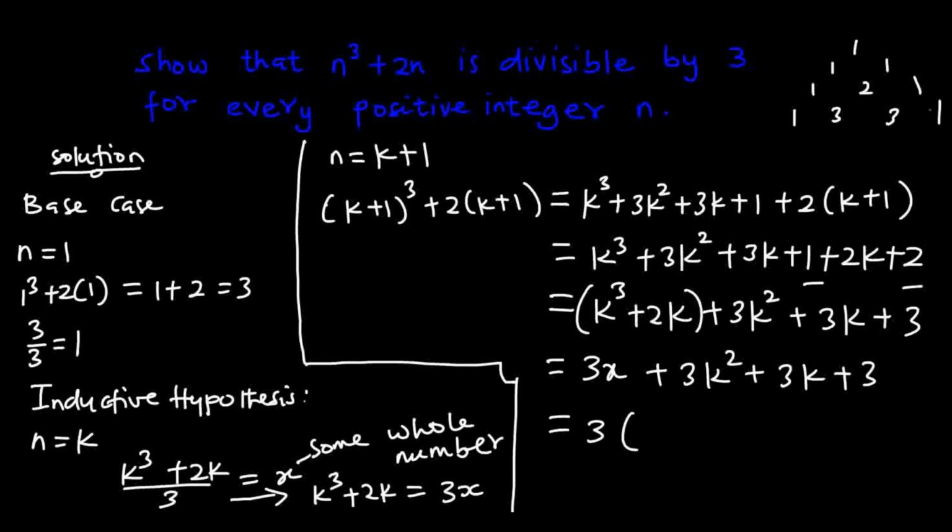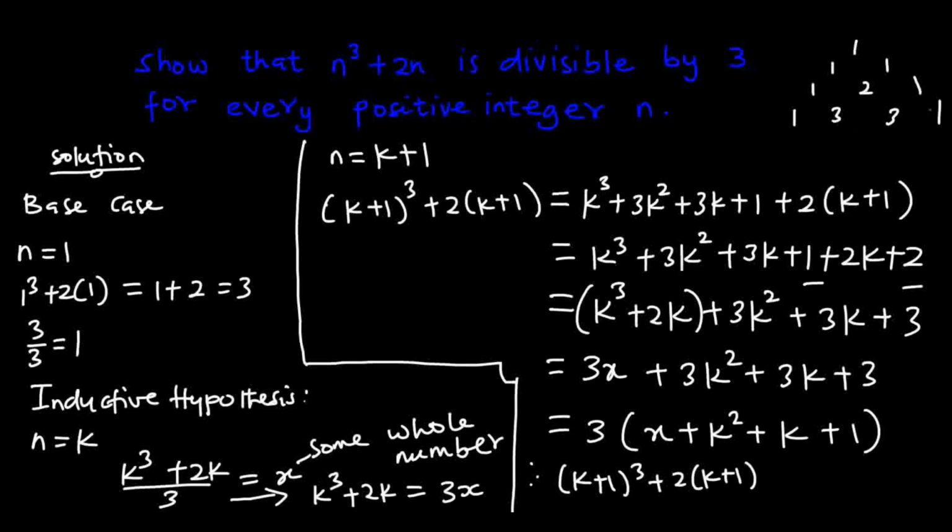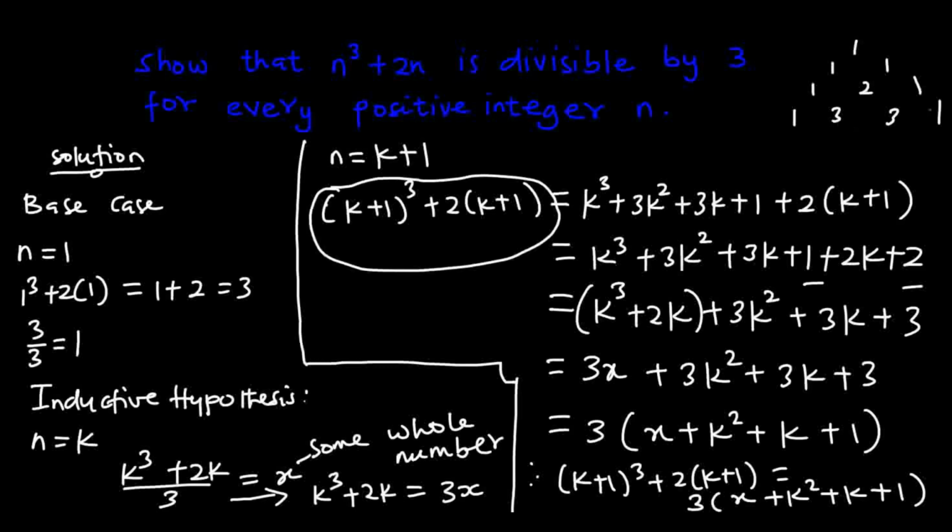We have 3 multiplying x plus k squared plus k plus 1. Therefore k plus 1 to the power 3 plus 2 multiplied by k plus 1 equals 3 multiplied by x plus k squared plus k plus 1. So now we've written this expression in a different form, and let's see if it is divisible by 3.